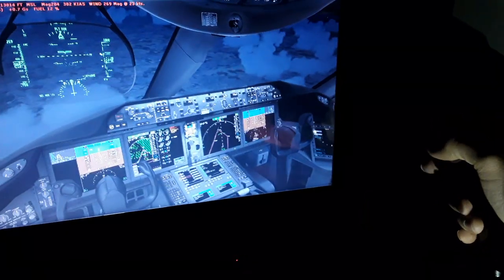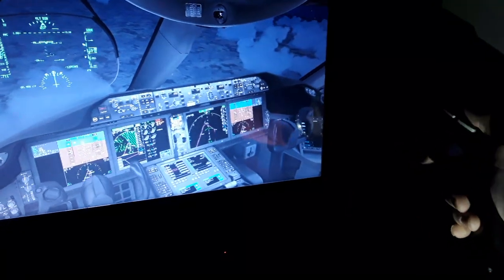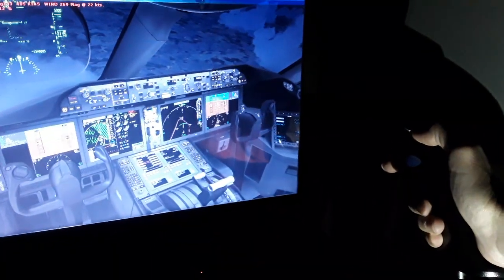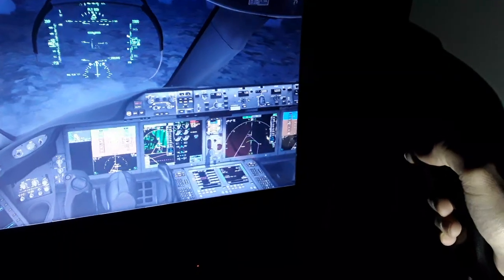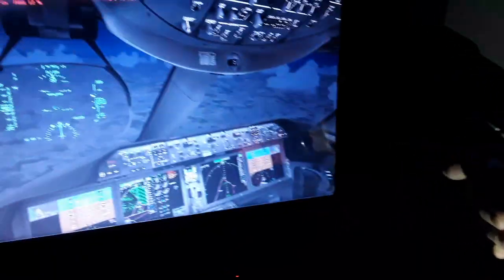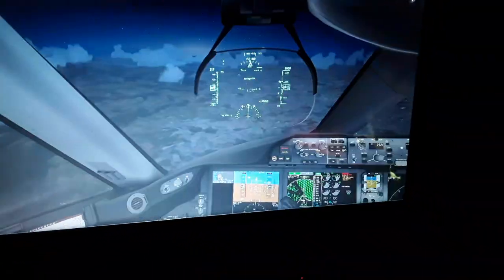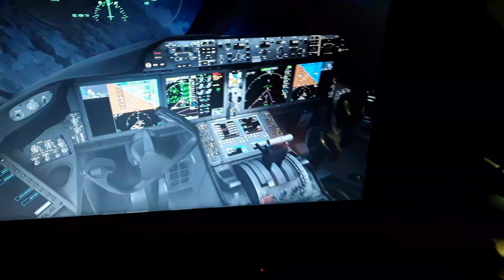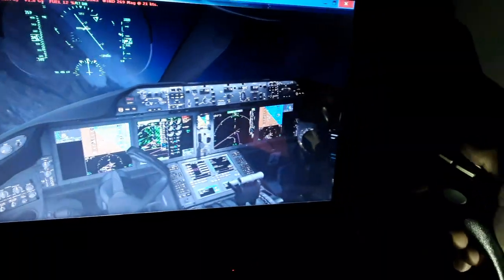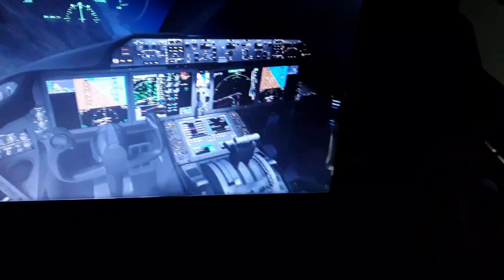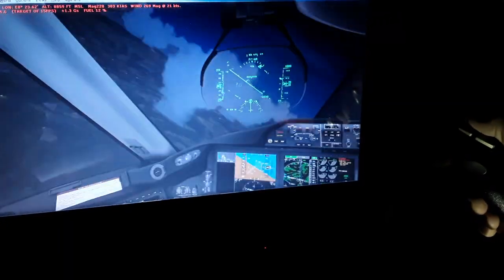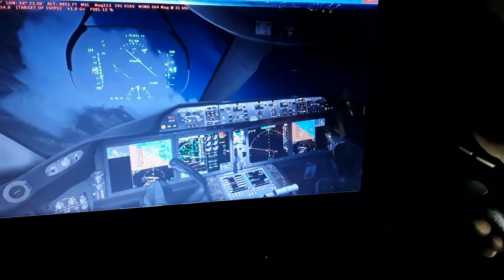So we have 3 more minutes. Need to use also some flaps, and we believe we need to do three more minutes left to fly manually.